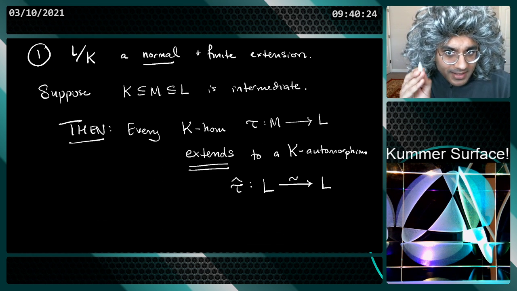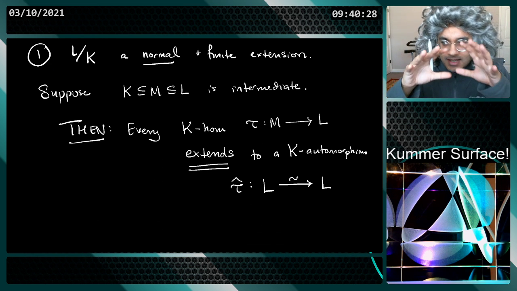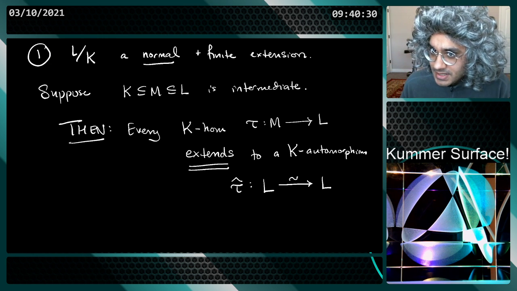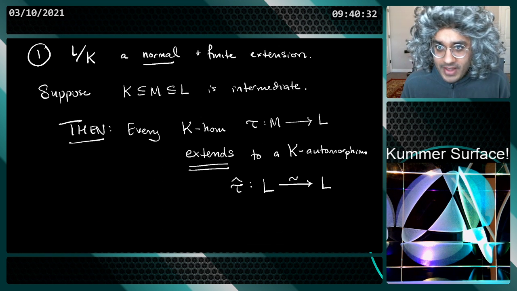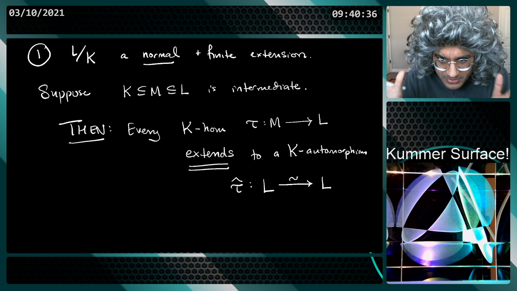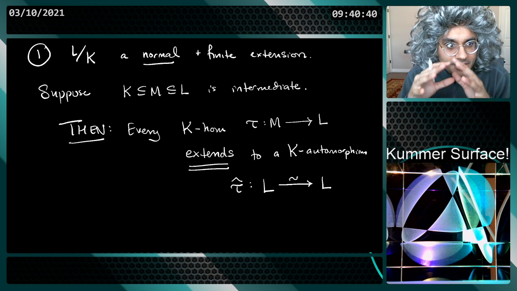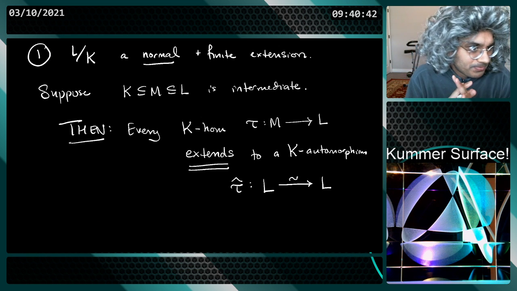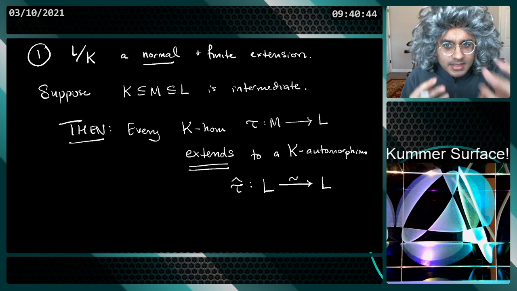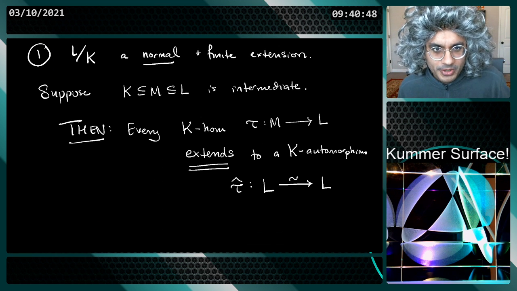Okay, so normality, by the way, the theme here is that normal extensions are in some sense, and the sense is built out of the facts that we're about to develop, kind of self-contained. They're kind of complete in a sense. Okay, algebraically self-contained from a certain point of view.